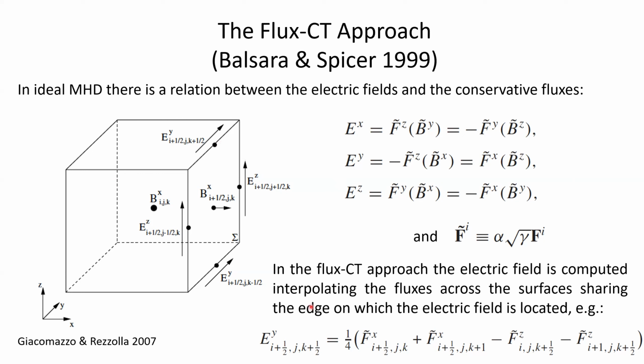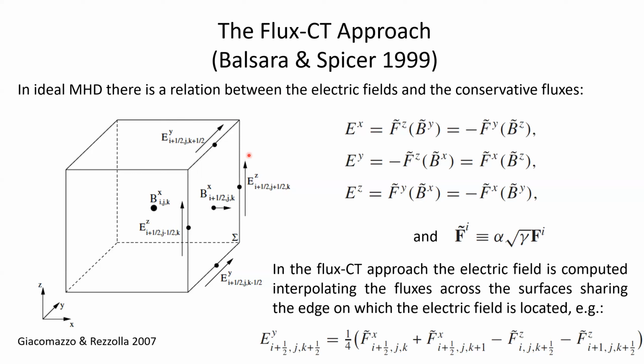To make an example, here at the bottom, you see the expression to compute the Y component of the electric field in this point. To compute this, you just take the flux along the Z direction on this face here, the flux on the face on the right here. These are the two fluxes there. The flux along the X direction, on this face here, and the flux on this face.